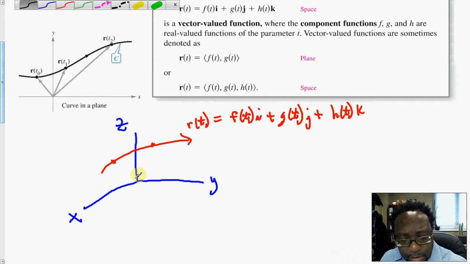The component here of i is a unit vector that runs with respect to the x-axis.